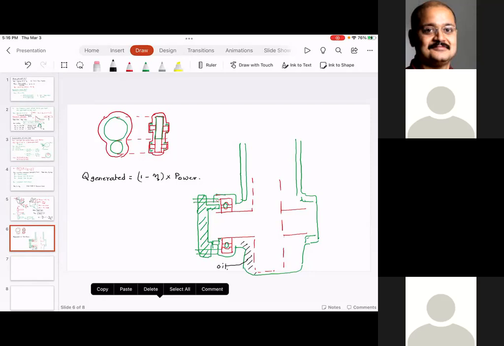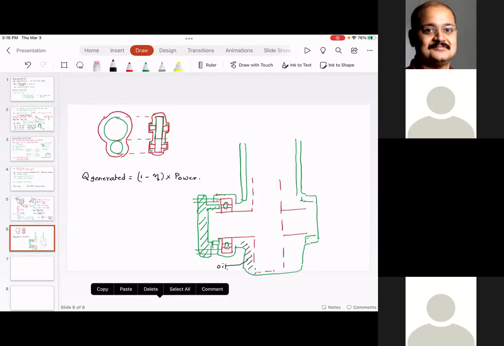So Q generated, this oil needs to transfer this heat from the gear to the casing. That's why if you touch the automotive transmission, you will see that it is hot. As a matter of fact, if you touch any gear train, you will see that it is at slightly higher temperature.